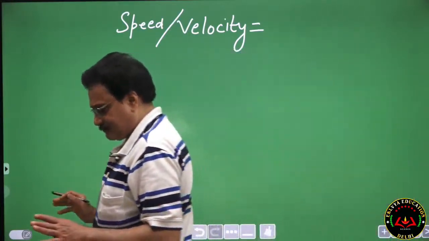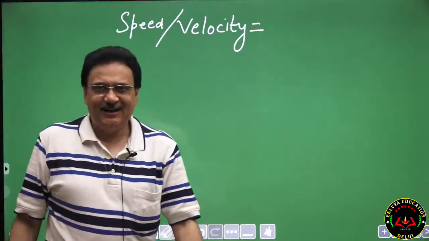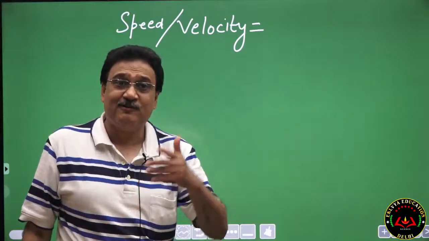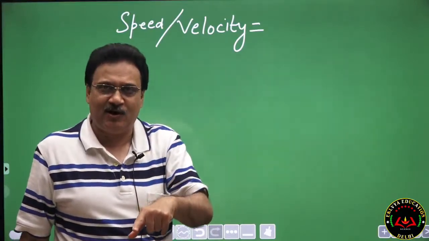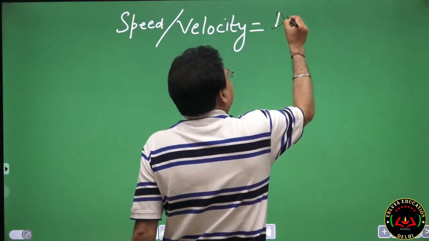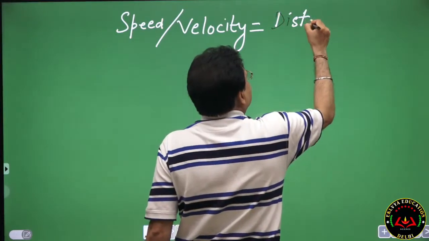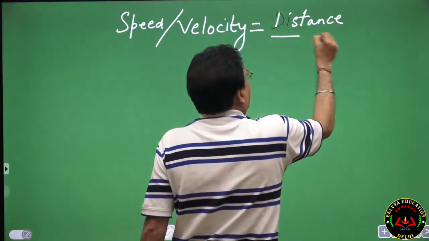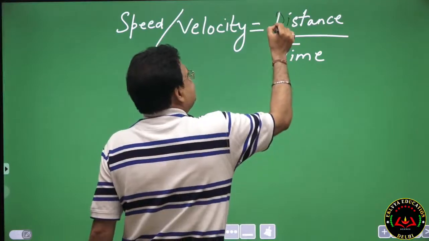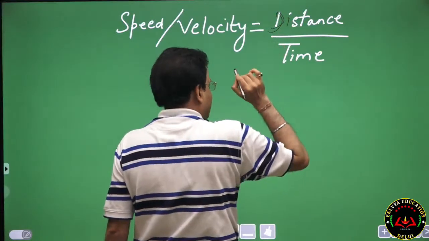Now the small difference is that speed is distance upon time and velocity is displacement upon time. So it is distance upon time, or you can say displacement upon time. It's one and the same thing.